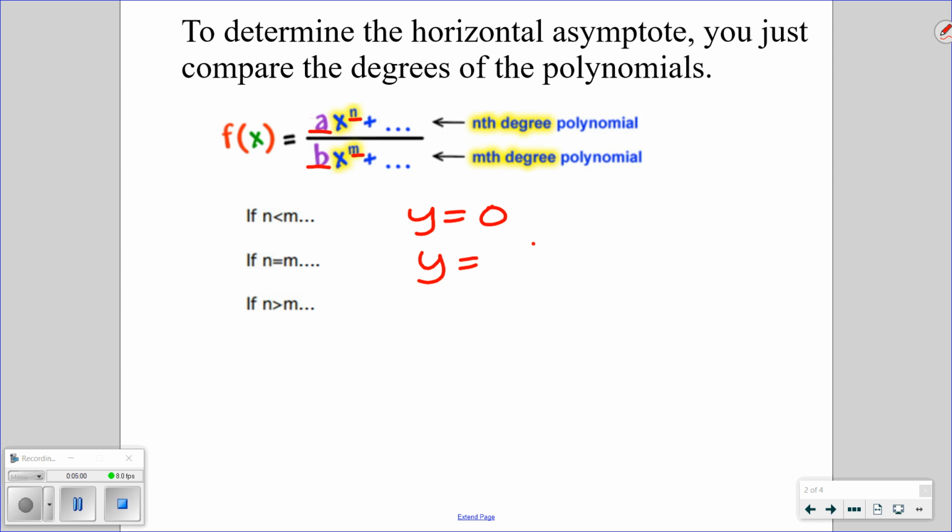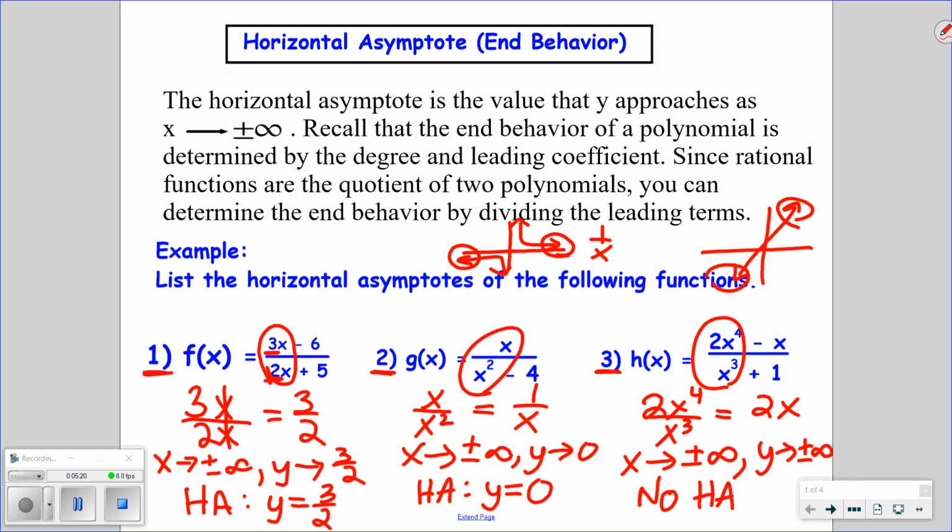So your HA would just be y equals A divided by B. And if n is greater than m, which means the degree of the numerator is bigger, that's when there is no horizontal asymptote, which is what we saw happen in the third example.